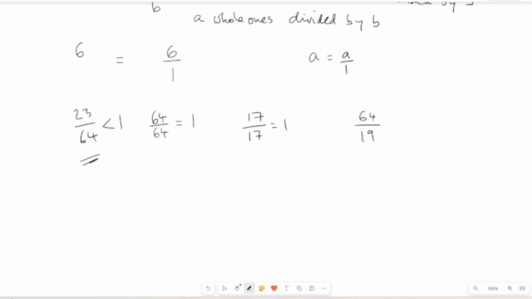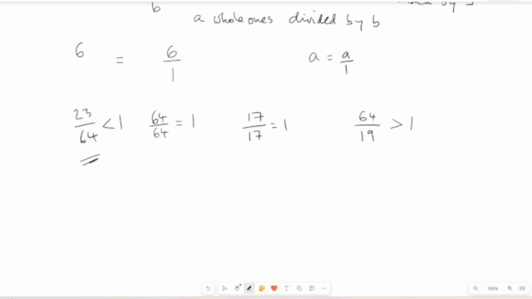And what this is telling us is that one whole cake has been divided into 19 pieces, and we've got 64 of them, which obviously is more than a whole cake. So that, when the top is bigger than the bottom, gives you a number that is more than 1.